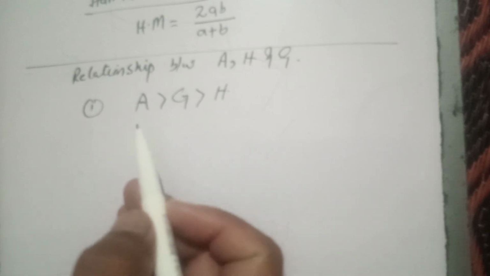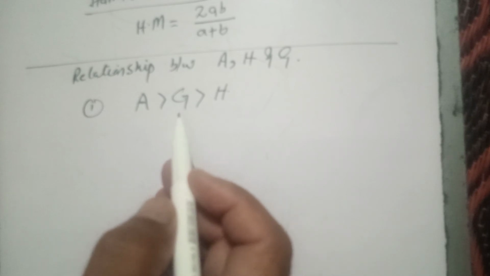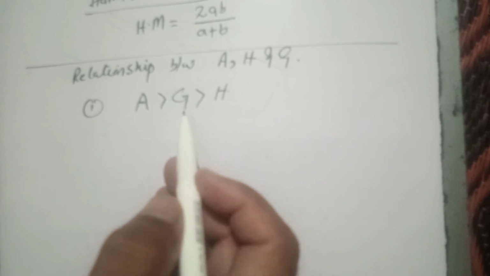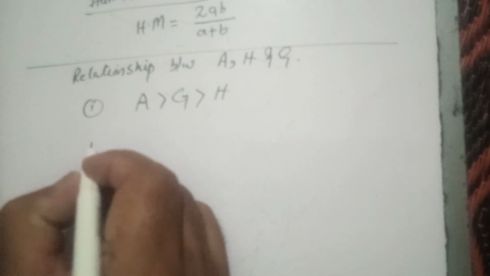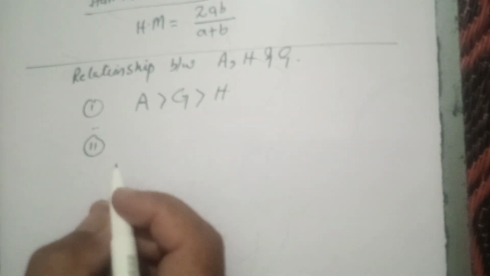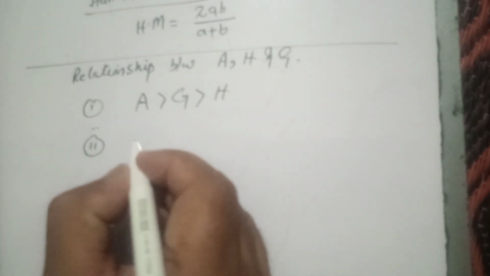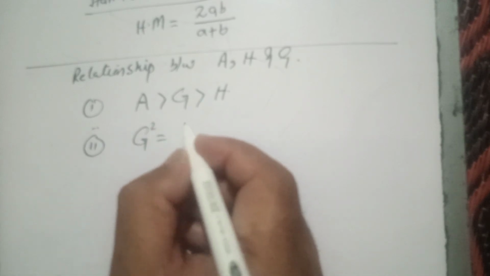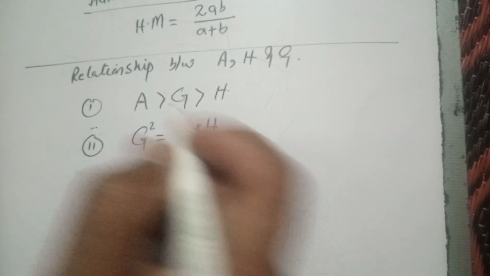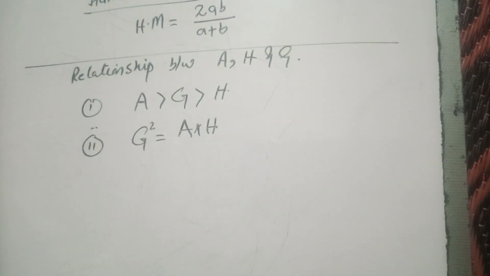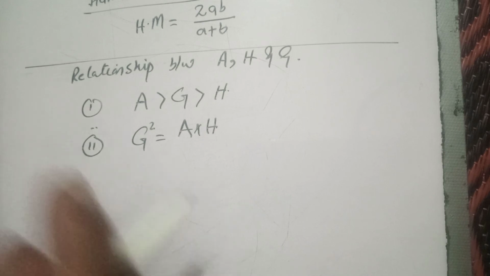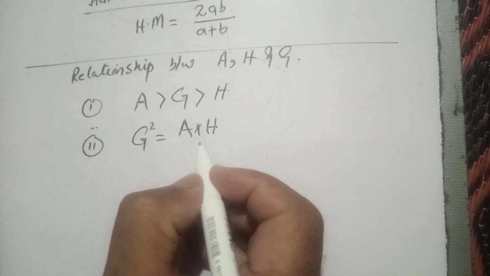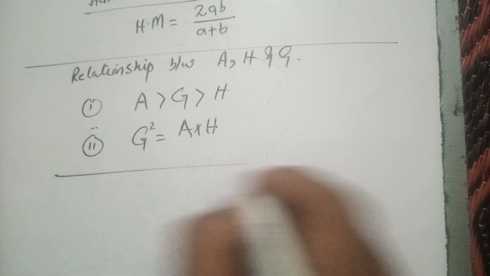Let's say we have any two numbers, then the arithmetic mean is greater than the geometric mean, and the geometric mean is greater than the harmonic mean. Second relation: the square of the geometric mean is equal to the product of the arithmetic and harmonic means. Mean G square is equal to A cross H.